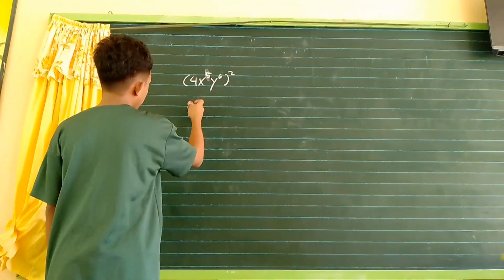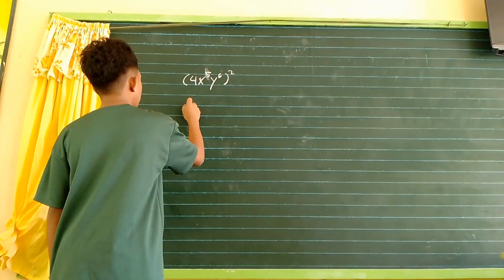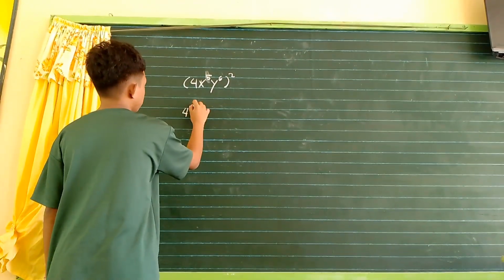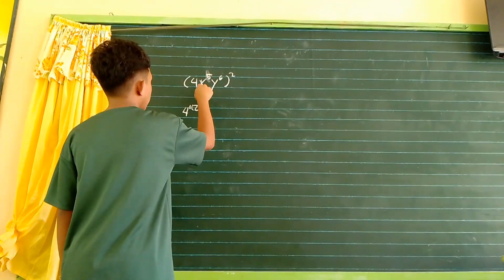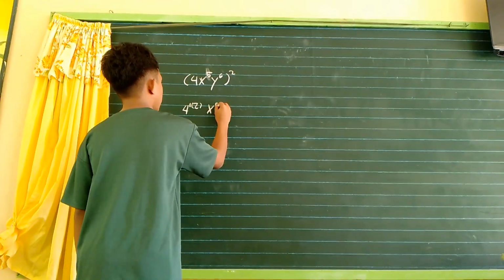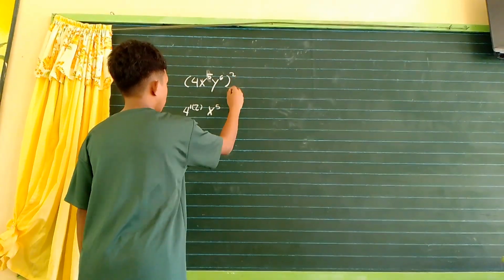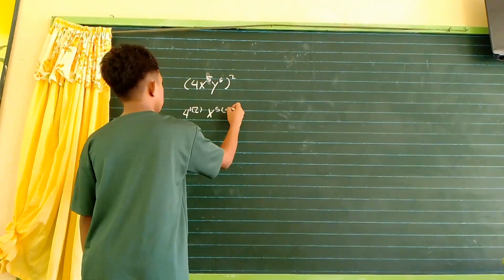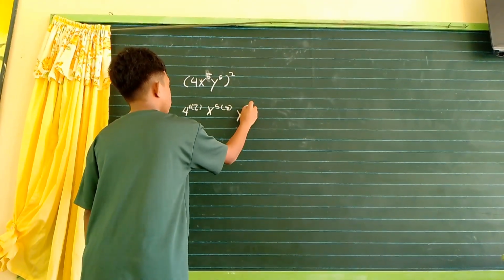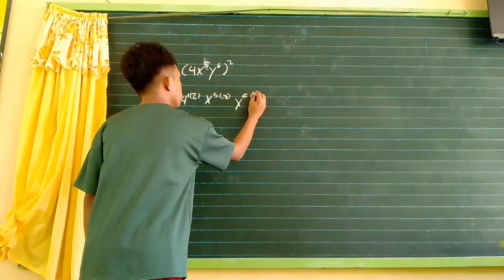Our first base is 4, with an exponent of 1 times 2. The x has an exponent of 5 multiplied by 2. And y has the power of 6 multiplied by 2.